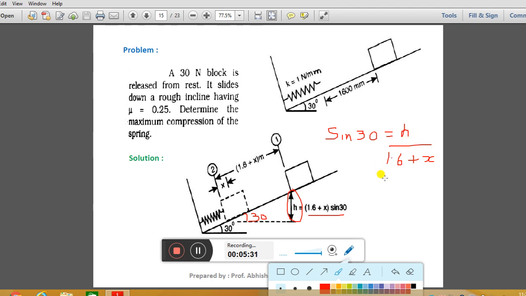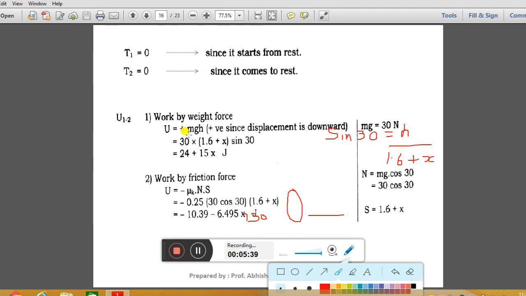So h is equal to (1.6 plus x) times sine 30. Put the value of h here, and we can find the work done by the weight force. We obtain the work done by the weight force as 24 plus 15x, and the unit is joule.